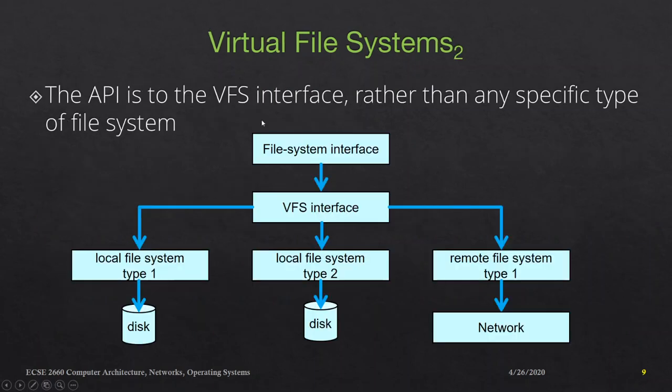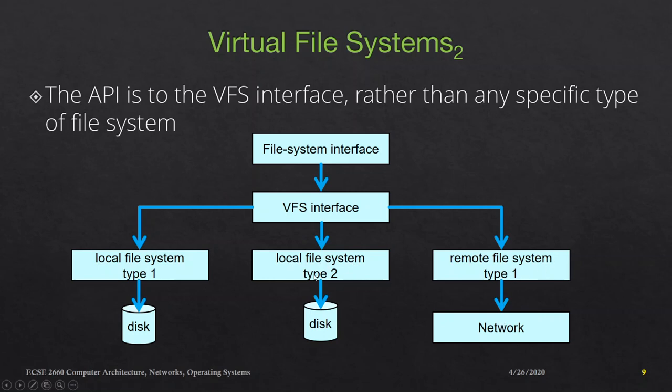So we have here a diagram which has, at the very bottom, disk 1, disk 2, and a network connection. And at the very top, it has the primary file system interface. So if this file system interface wants to interact with this disk or this network, which have a different file system, so this is remote file system type 1.